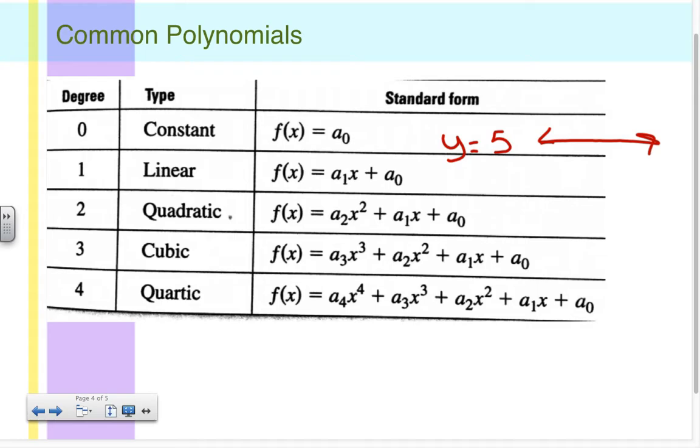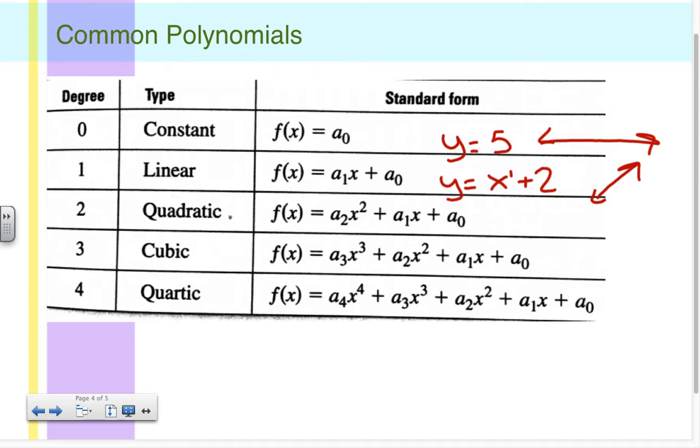Now, degree 1, for example, would be an equation like x plus 2. The basic shape of that is described as linear. We have a degree of 1. It's going to look like a straight line, either rising up or falling down, positive slope, negative slope, all those different things.